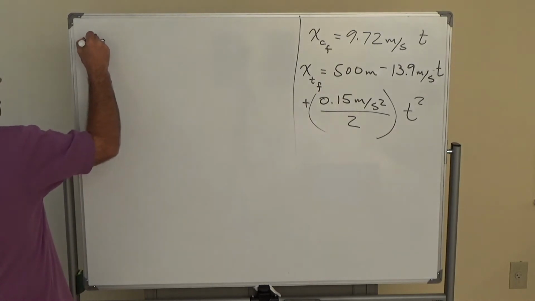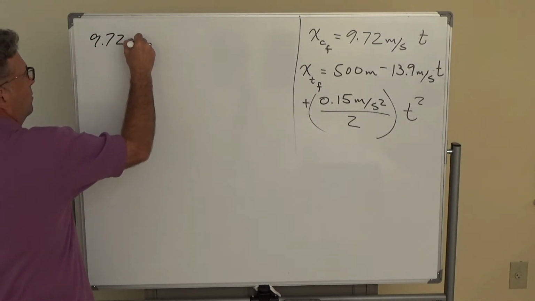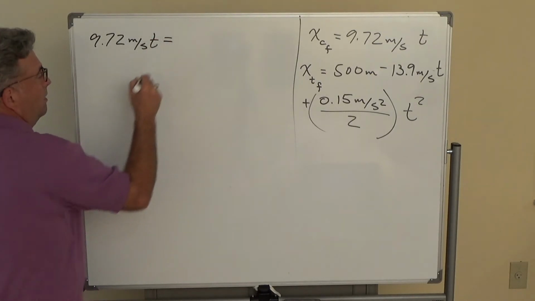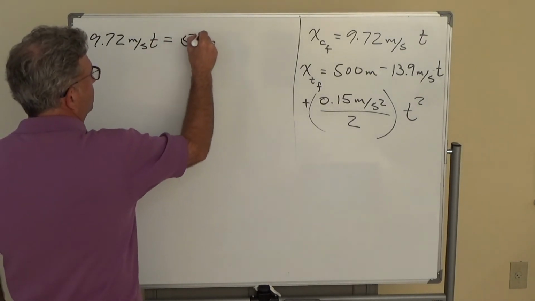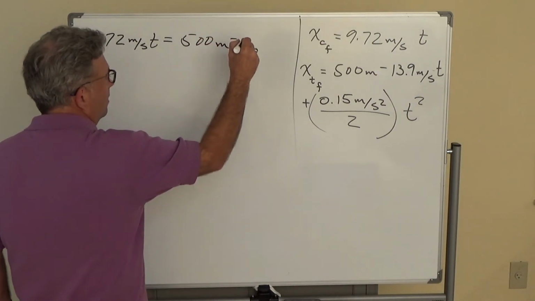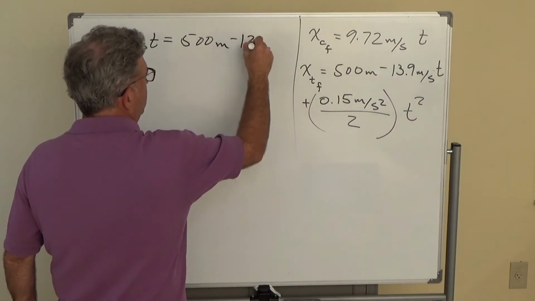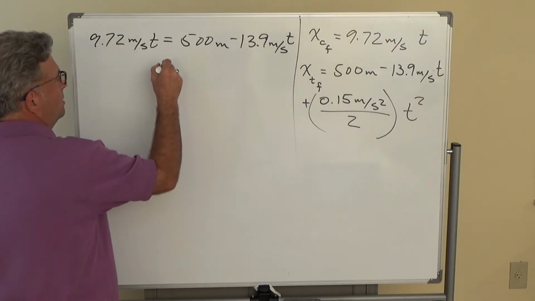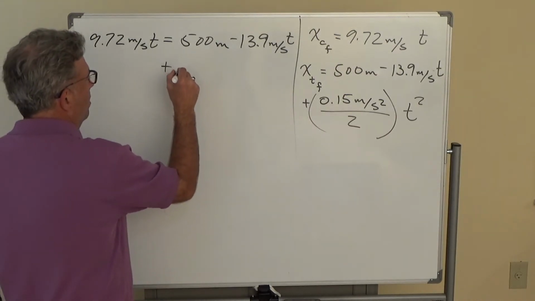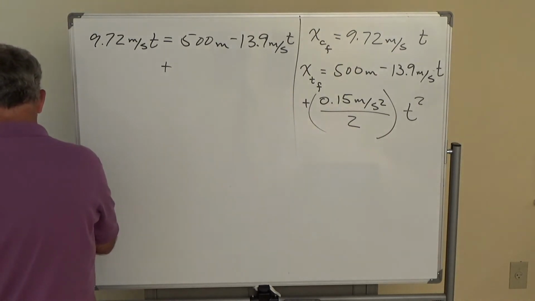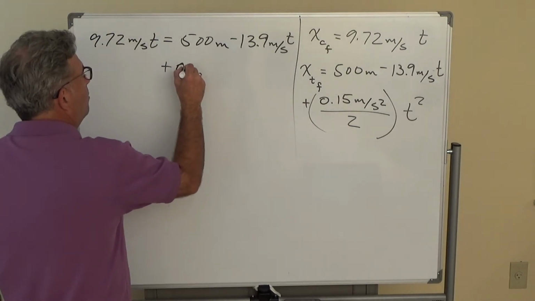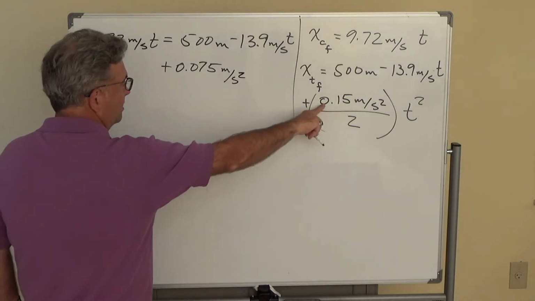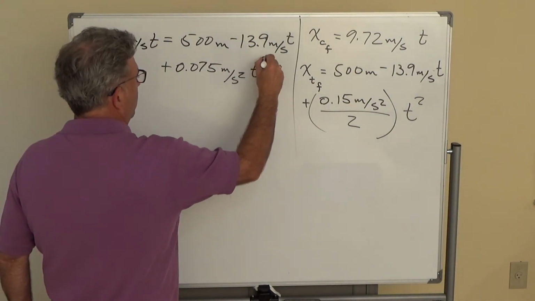So we have 9.72 meters per second t is equal to 500 meters minus 13.9 meters per second t plus 0.15 over 2, which is 0.075, I'm just dividing this number by 2, t squared.